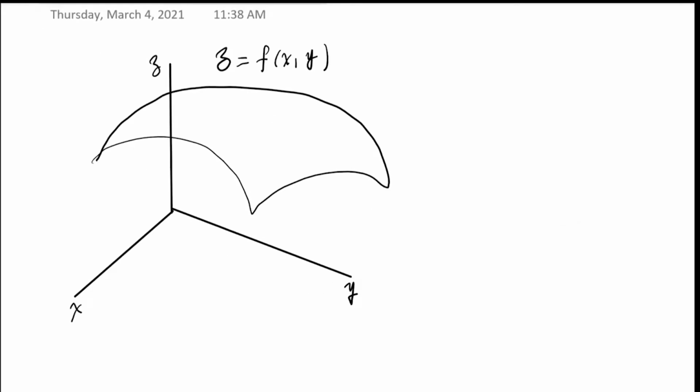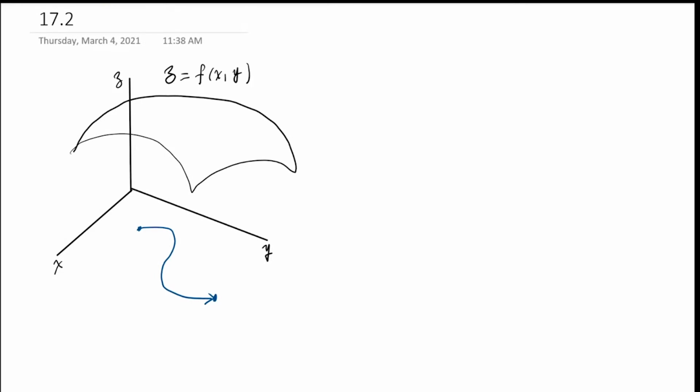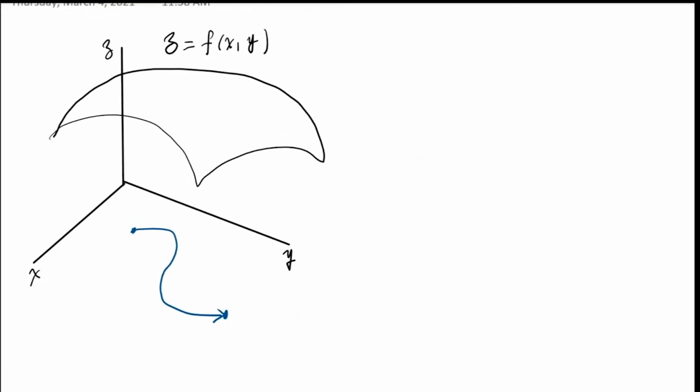Then let's say there is a vector function in the xy plane, not in 3D, but a two-dimensional vector function in the xy plane that runs something like that in that direction. So this is the starting point, and this is the ending point. Good. And let's say that vector function is given by some kind of parametric equation.